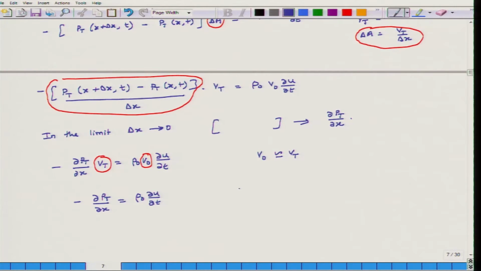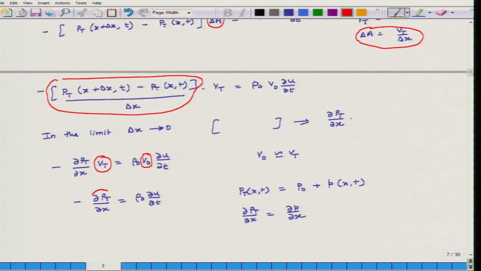We also know that p t is equal to p naught plus p of x, t, and p naught is constant. So, partial of p t with respect to x is the same as partial of p with respect to x.